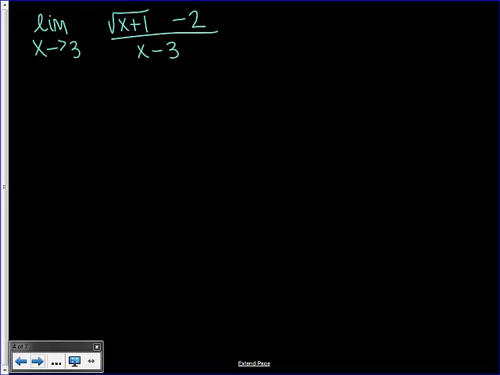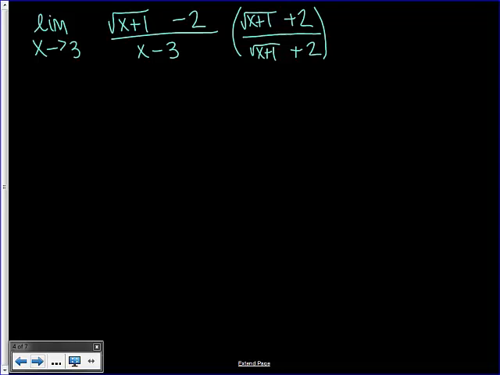That is indeterminate. So we are going to start by multiplying by the conjugate, which remember is the opposite. So if I have the square root of x plus 1 minus 2, I'm going to multiply by the square root of x plus 1 plus 2 over the square root of x plus 1 plus 2.